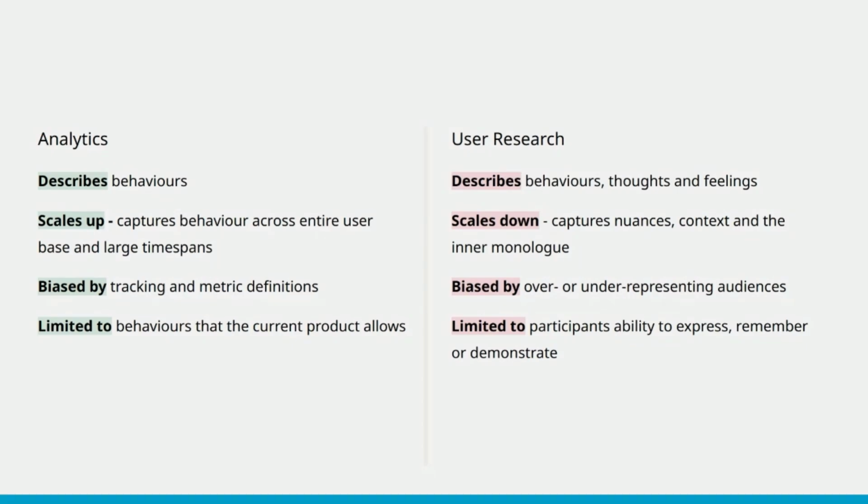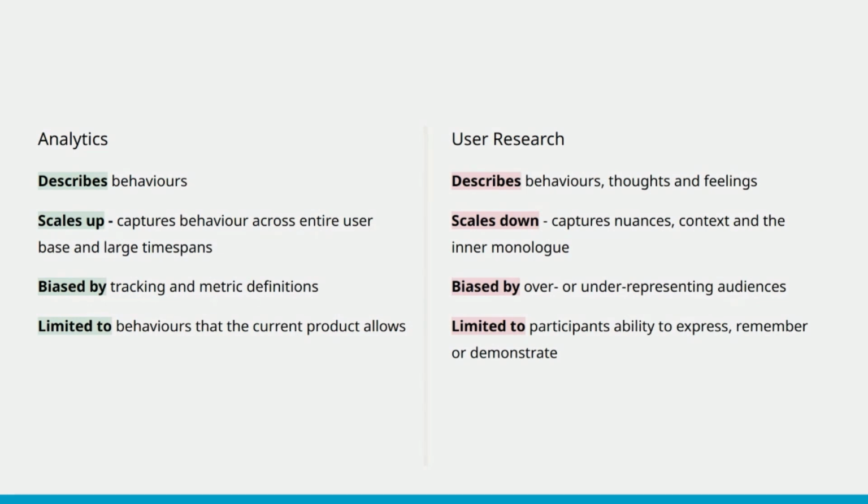Analytics can be biased due to tracking limitations and the definition and availability of metrics. And user research can be biased by a whole range of issues, sample-related issues, but also self-report-related bias.